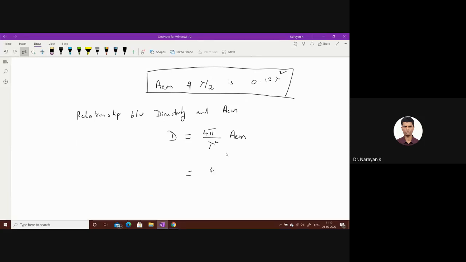So 4 pi by lambda square into 0.13 lambda square gives a directivity equal to 1.633 for the lambda by 2 dipole. Is it clear?